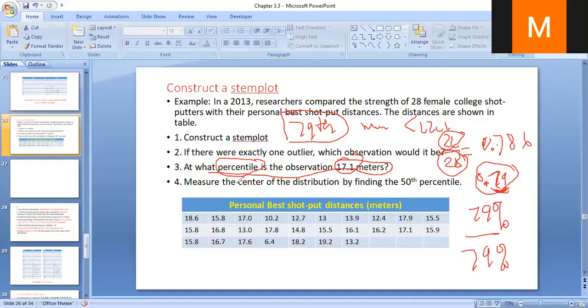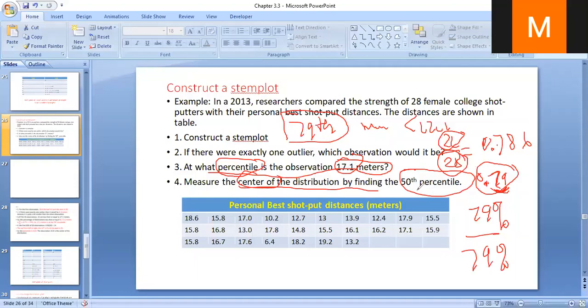And now measure the center of the distribution. The center means the 50th percentile.